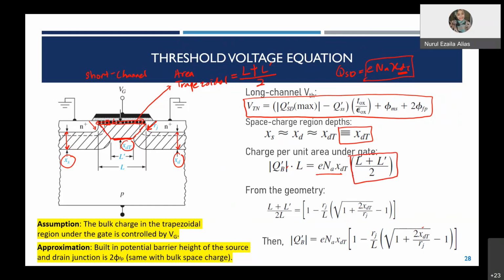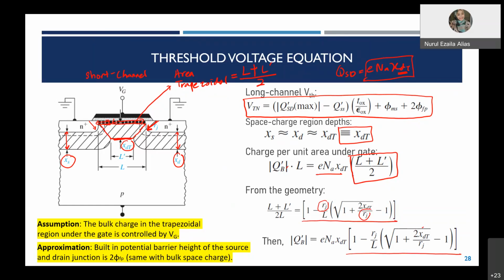From the geometry side, they simplify or derive the equation like this. You can look at Neamen if you want to know further. So L plus L prime over 2L is given by this equation, where they consider R, which is the depth under the drain, and also this R. Finally the charge is given by this long portion over here, not a straightforward E and A x dt.